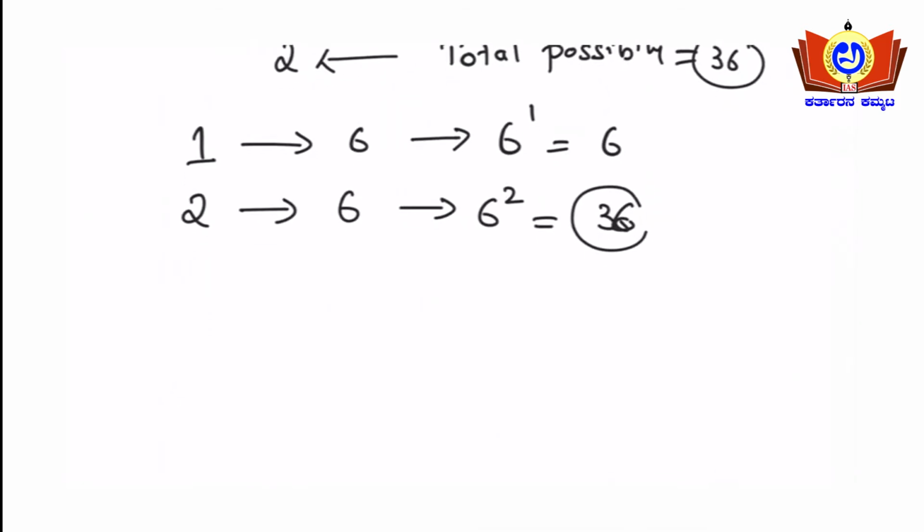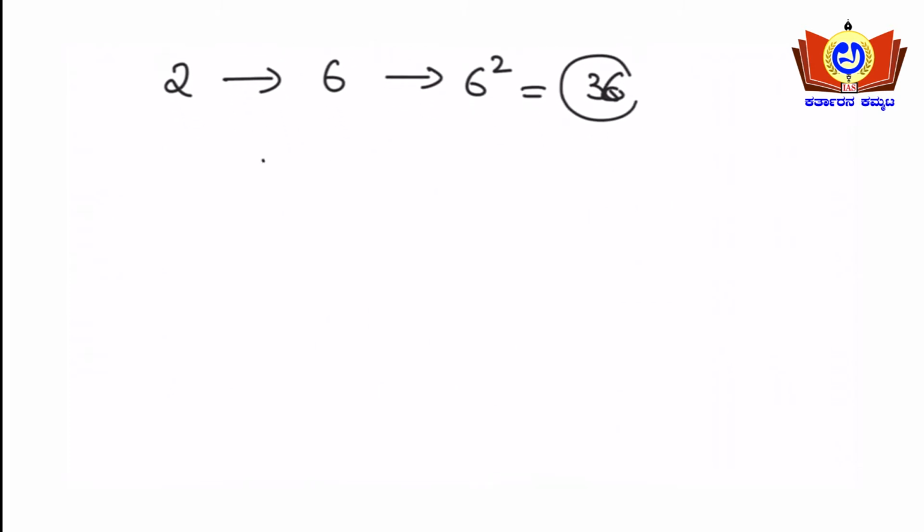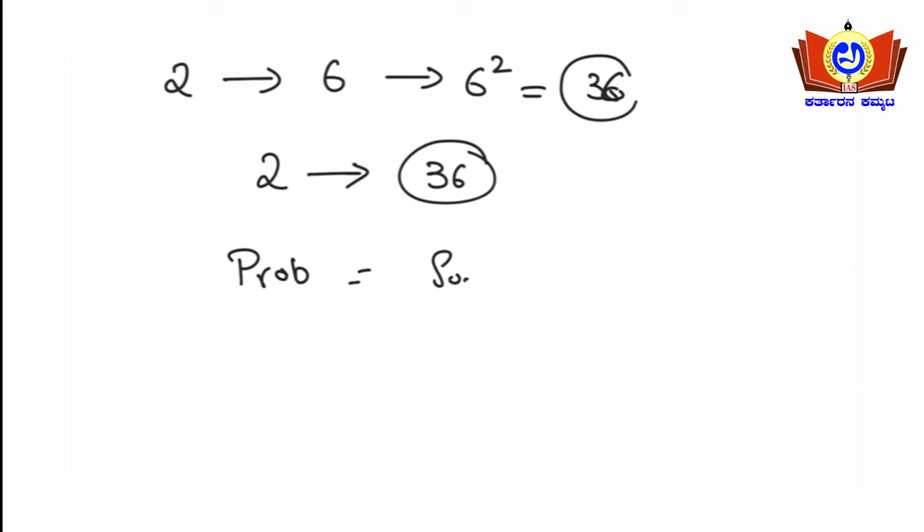So if the question says two dice are thrown, there are 36 different possibilities. We know the formula: probability is equal to the sum of observations divided by the total number of possibilities.